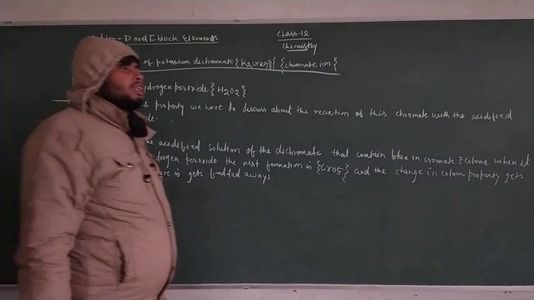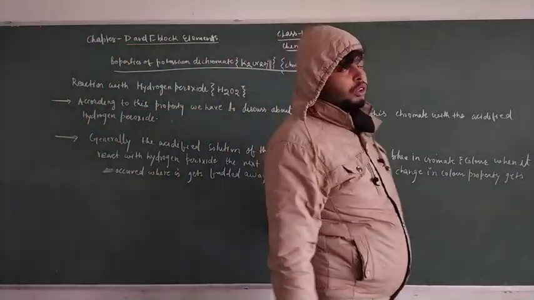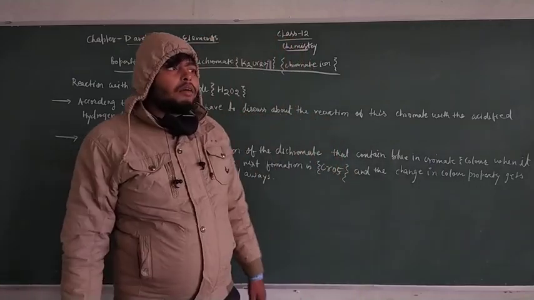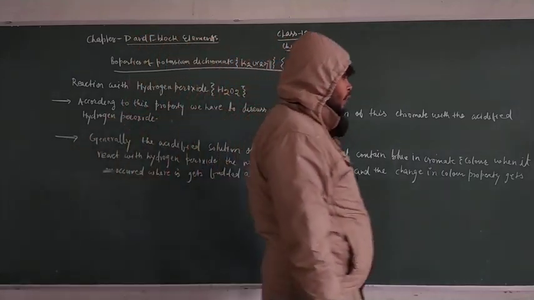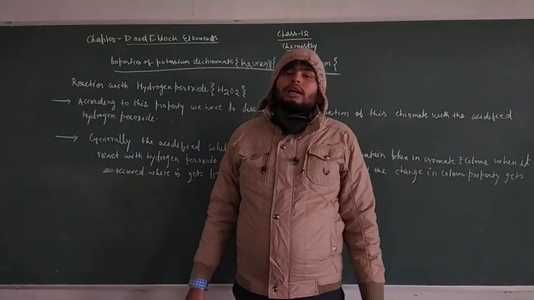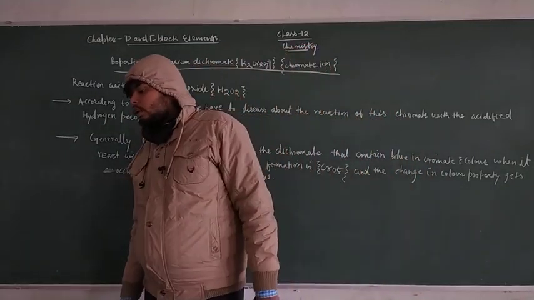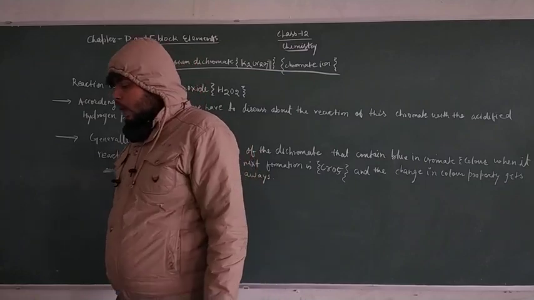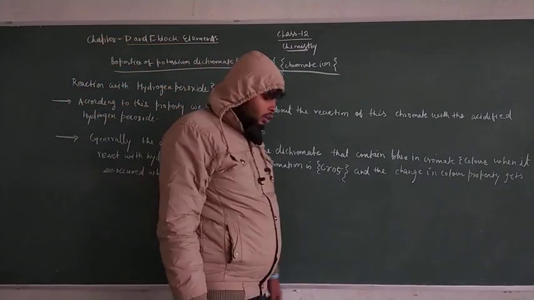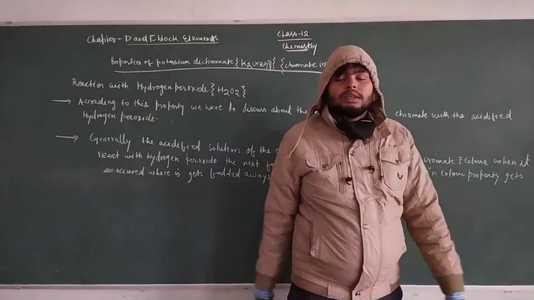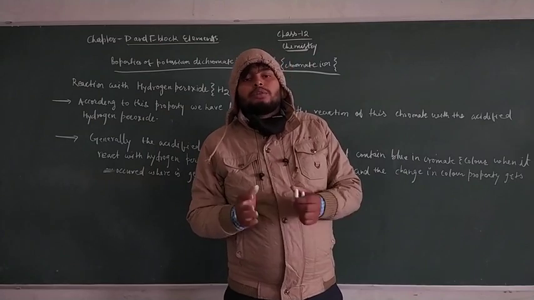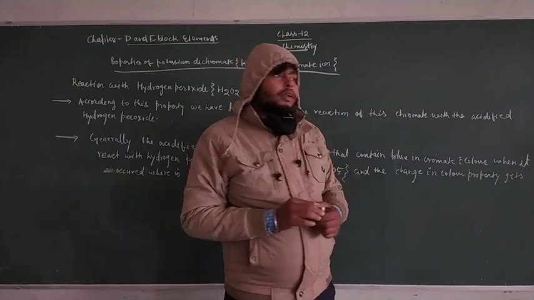That means we discussed in the previous section that when this dichromate is combined with bases, the color properties also become apparent. That means the red orange vapors are formed. On the other hand, in the action of bases, the orange color of potassium dichromate is changed to yellowish.